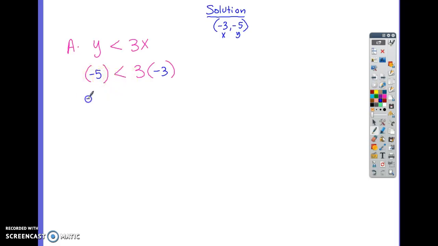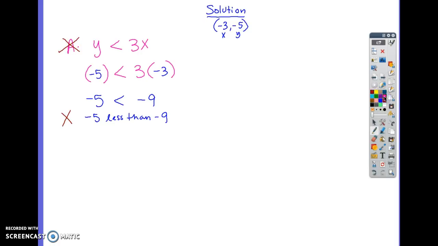Here, there's nothing to do, so you bring it down, bring this down, and then multiply these two. 3 times -3 is -9. Is this a true statement or a false statement? Which number is smaller? This number is smaller. Right here it says that -5 is less than -9. That is a false statement. That is not true. So A is not true.